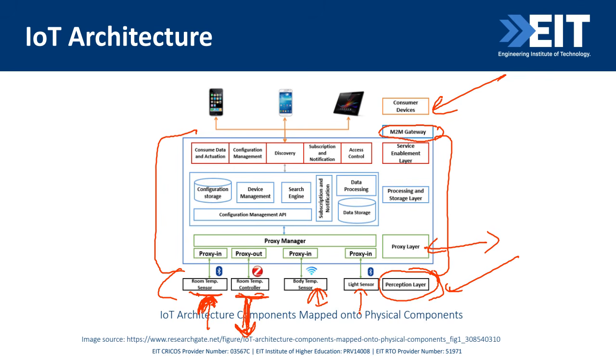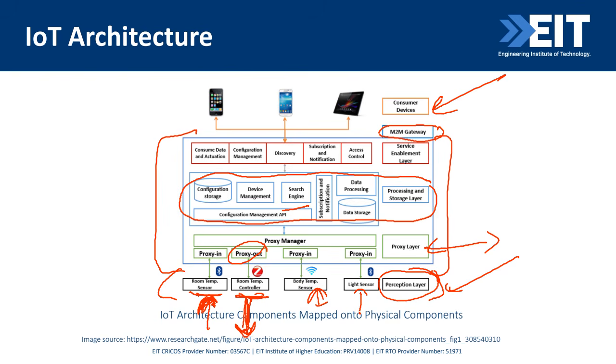My proxy out is when I'm connecting something out of that system. And between here, I have a pre-processing or processing and storage layer, because all of the data that those sensors will be generating should be stored somewhere. So they'll be stored, they'll be processed. There's a search engine and other modules that will allow the applications to talk to those sensors.